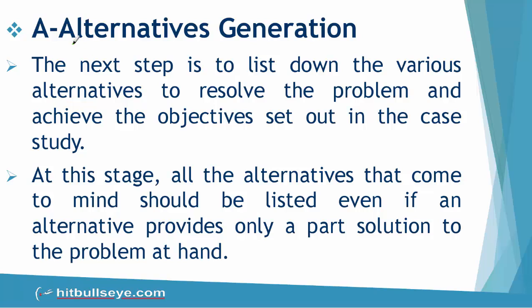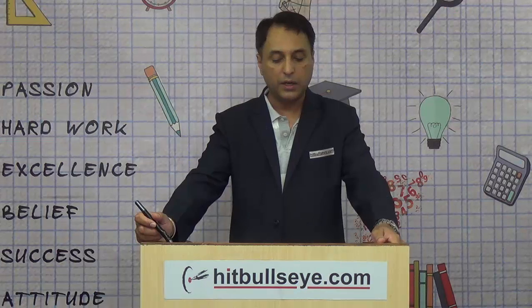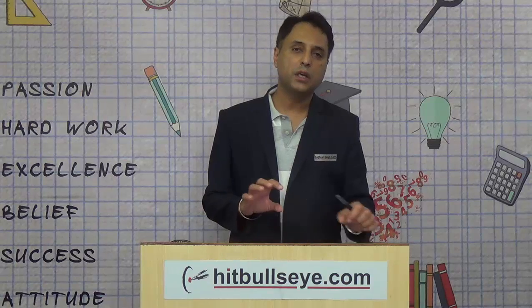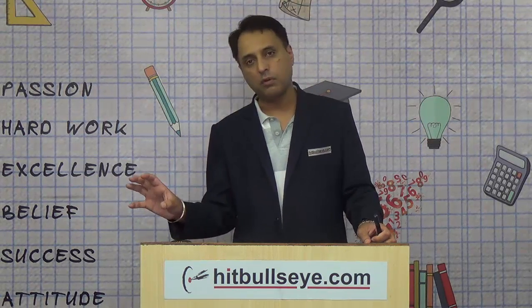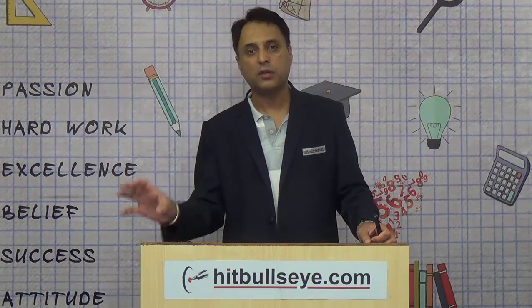A stands for alternatives generation. The next step is to list down the various alternatives to resolve the problem and achieve the objectives set out in the case study. An alternative is an effort to solve the problem. It's a probable solution but not the solution.